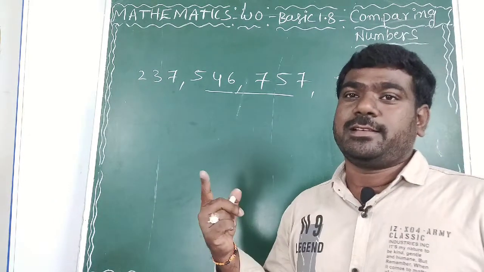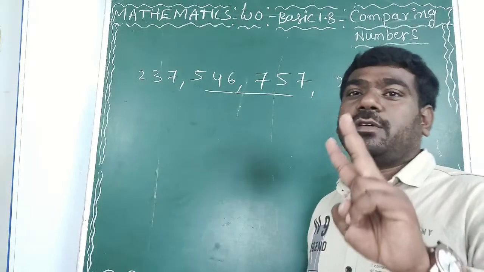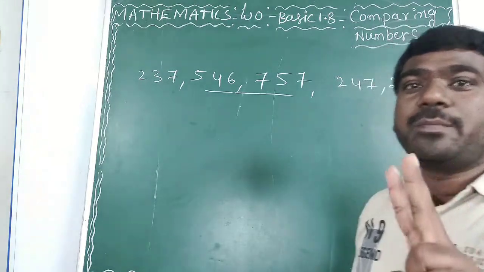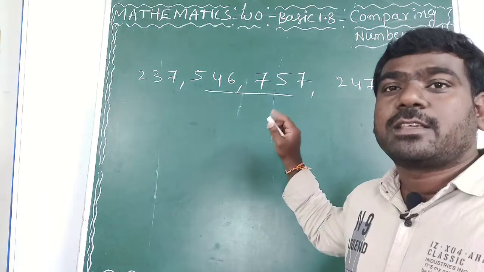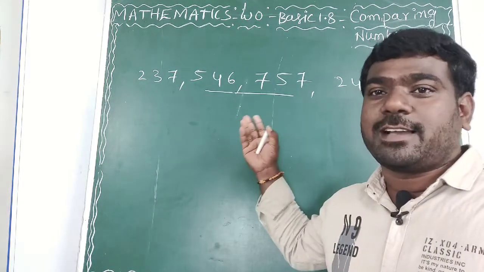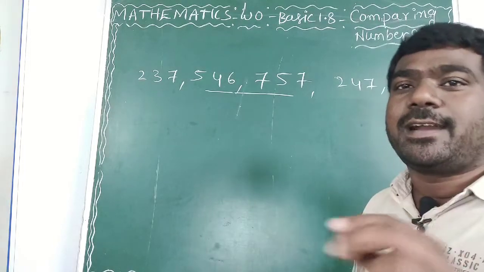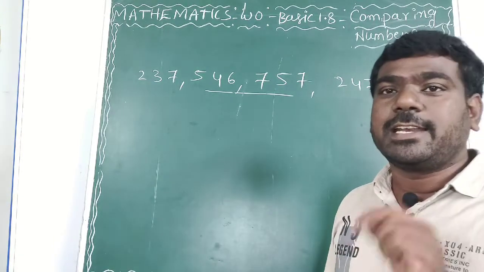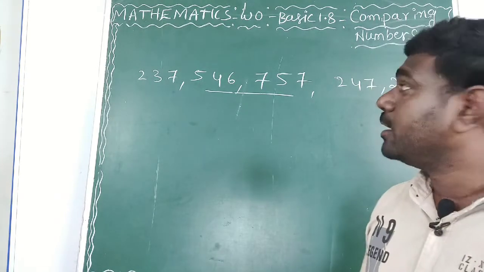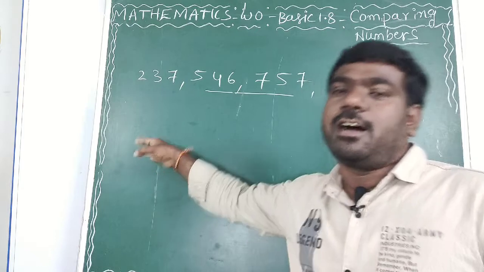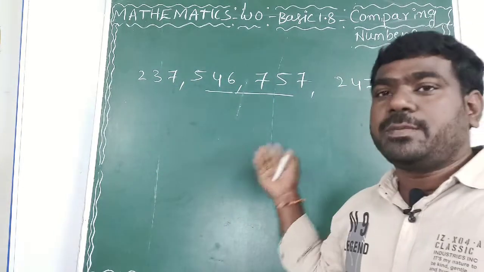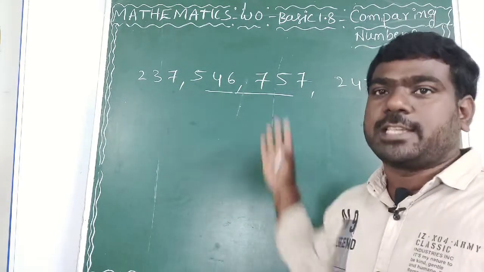When more than two numbers are there, how to compare? In this case we are going to apply the concept of ascending order and descending order. So these numbers we can represent either in ascending order or descending order.